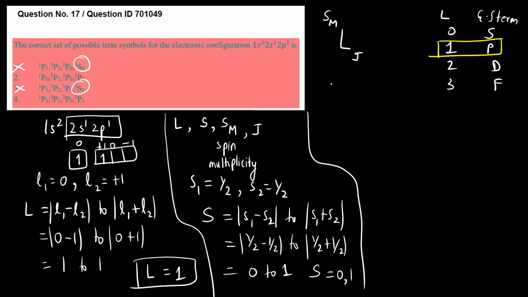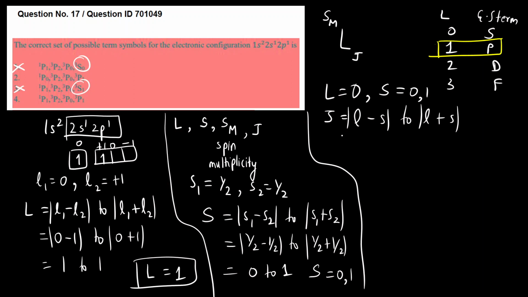Now what have we got? L is equal to 1, and the possible values of total spin are 0 and 1. Now how do you calculate the value of J? It is L minus S to L plus S. Now there will be two cases.